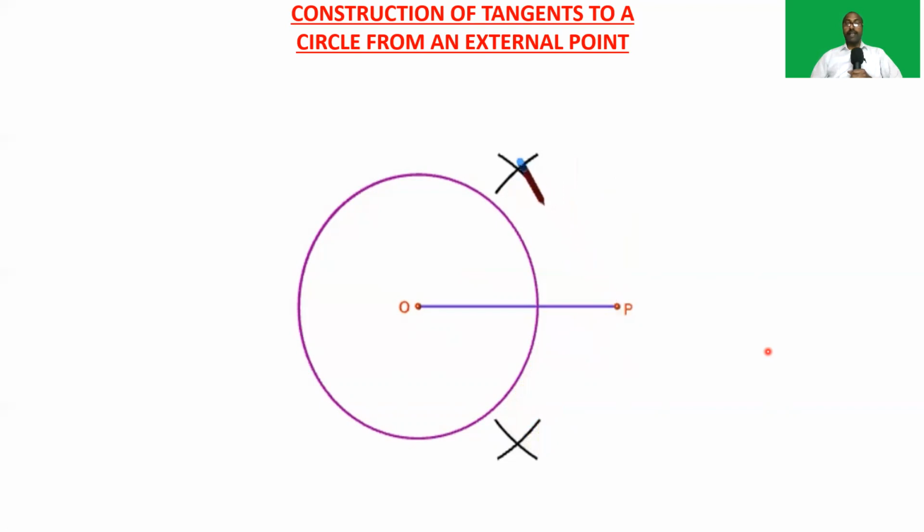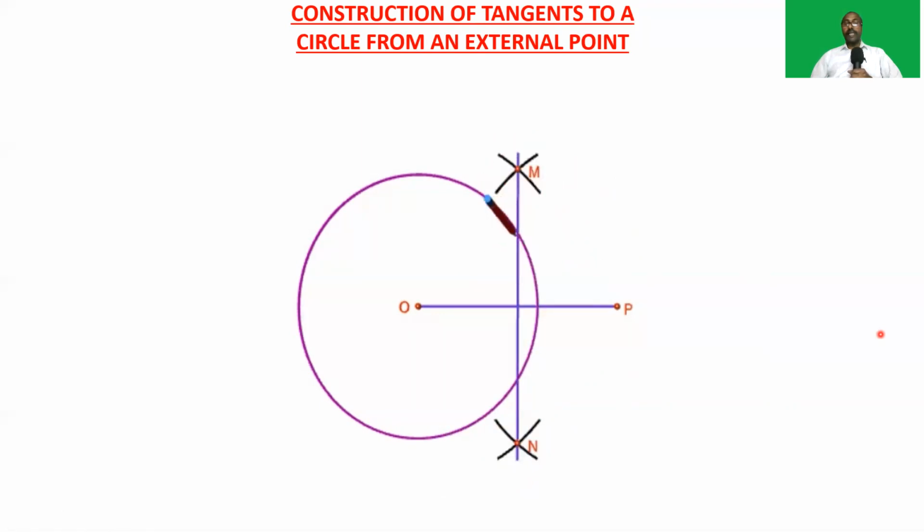The line we got is the perpendicular bisector of OP. Here I am marking the intersection points as M and N. Now the line MN is the perpendicular bisector of OP.